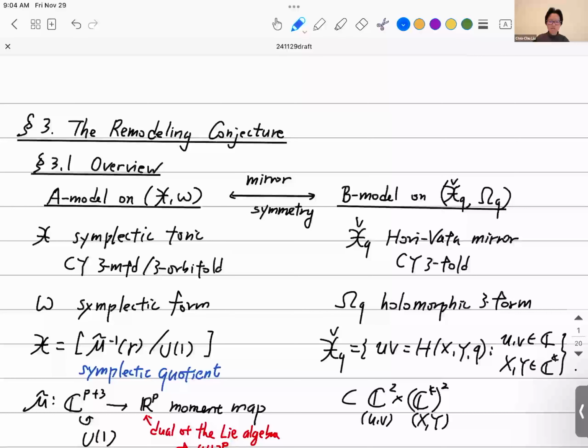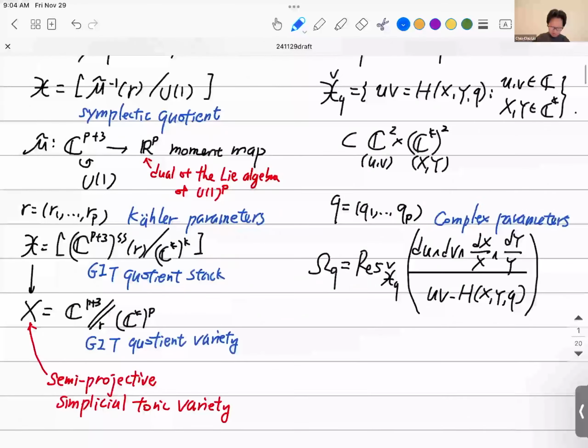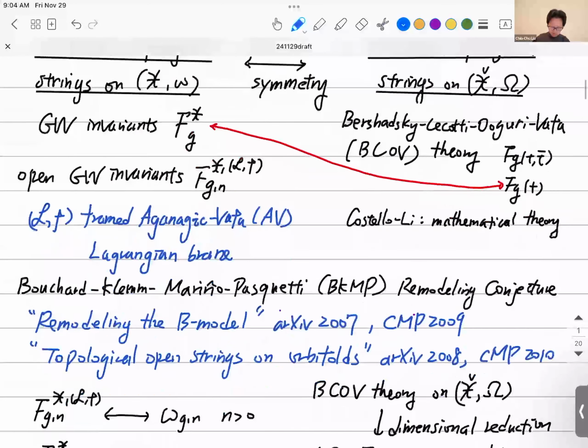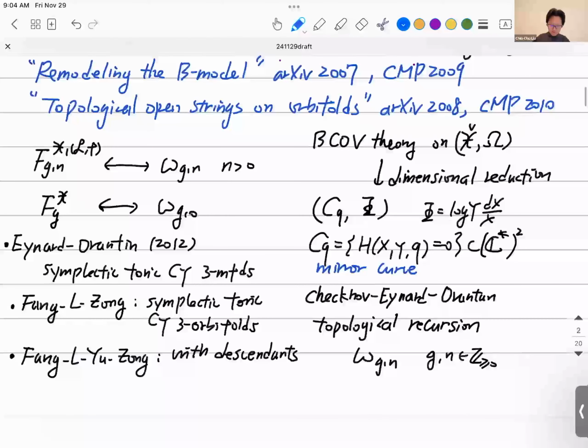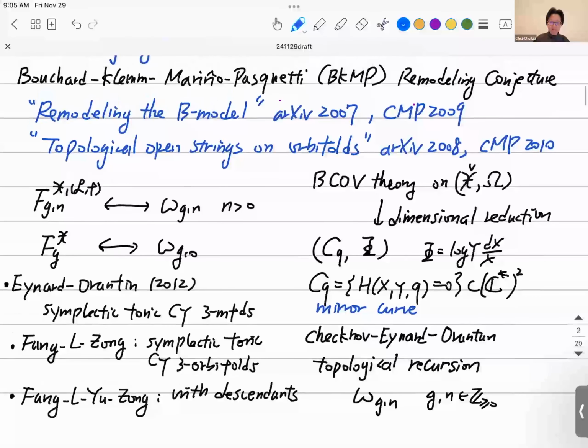can be viewed as a version of open-closed genus mirror symmetry, where the A side is a symplectic toric Calabi-Yau 3 orbifold, and the B side is the Hori-Vafa mirror. The remodeling conjecture tells us the B model can be reduced to this theory on the mirror curve.